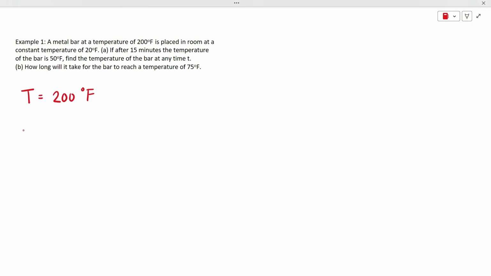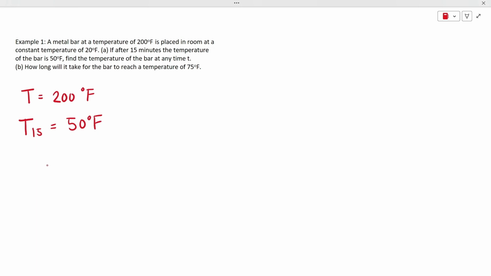Next, after 15 minutes the temperature of the bar is 50 degrees Fahrenheit, so T at 15 equals 50 degrees Fahrenheit.